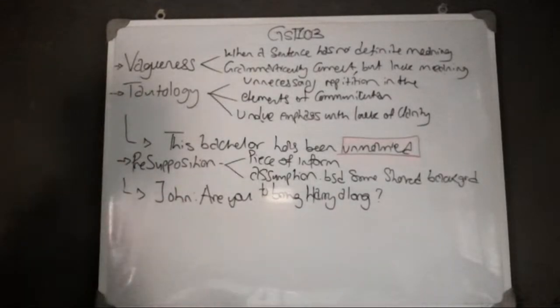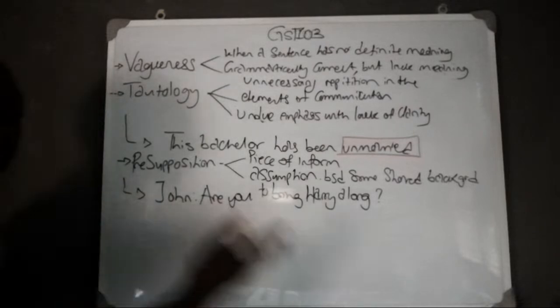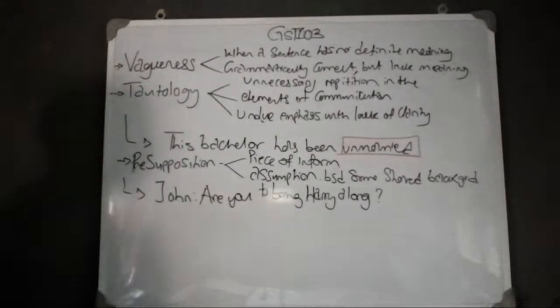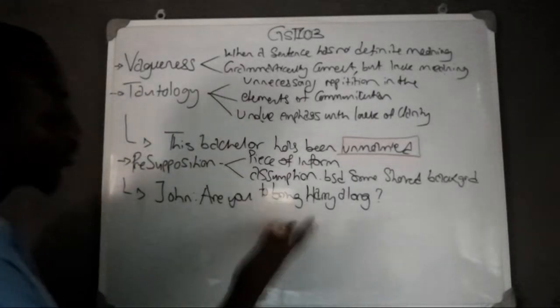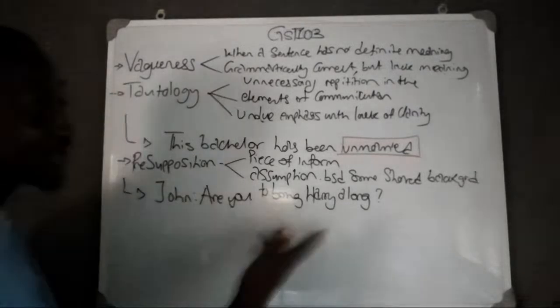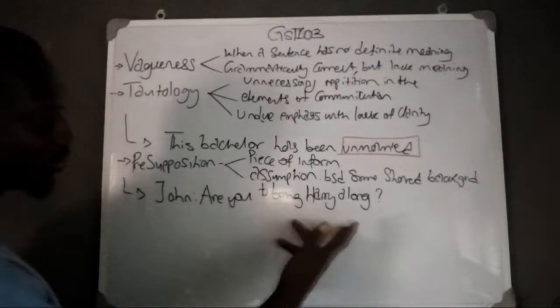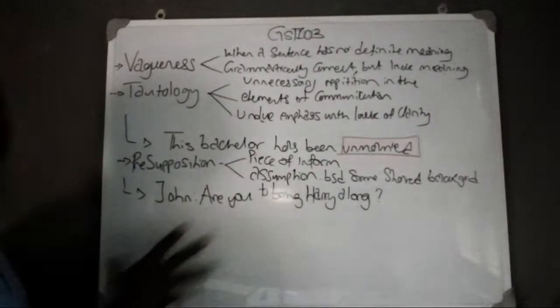I'm telling John, are you able to bring Harry along? Now I expect that John is a friend of Harry or a brother to Harry. If Harry is not John's brother, or he's not related, or John doesn't even know Harry from Adam, then I'm not supposed to ask him if he's bringing Harry along.